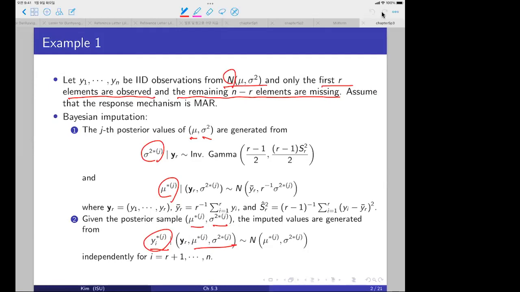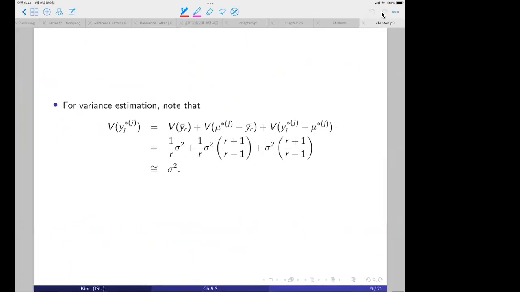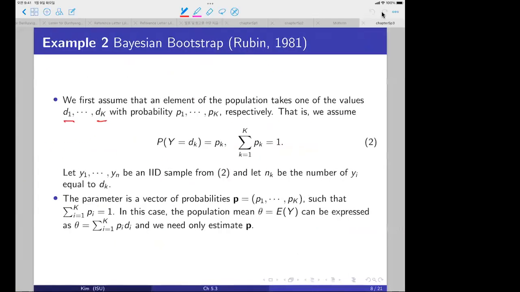And for the Bayesian bootstrap approach, if there is covariance, can they account for the effect of covariance? If it's missing at random, but given covariance, I think, yeah.